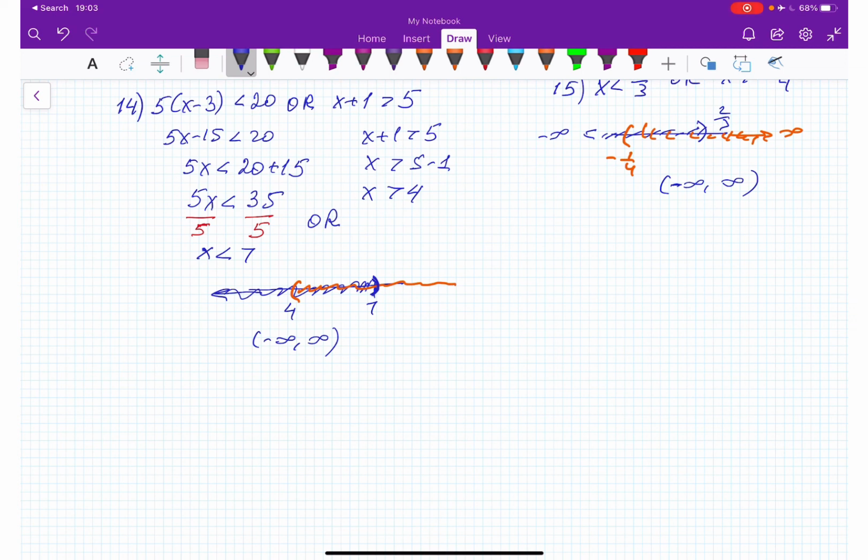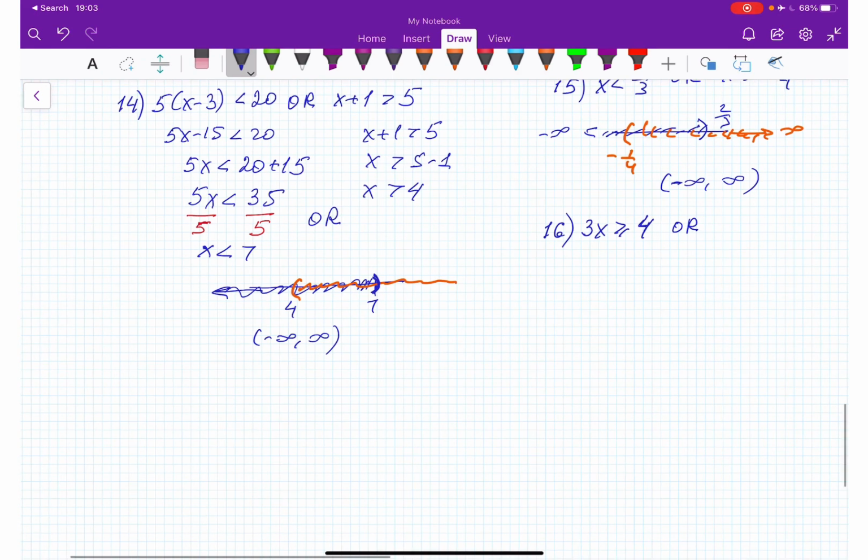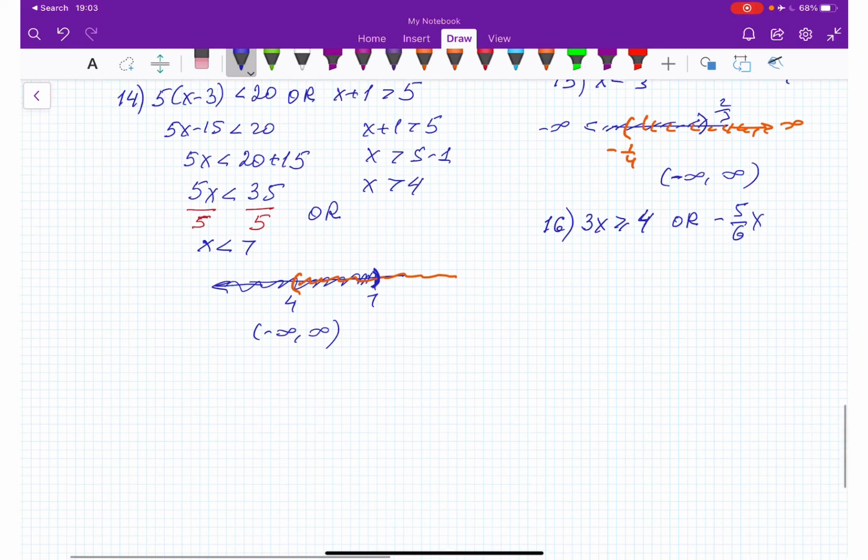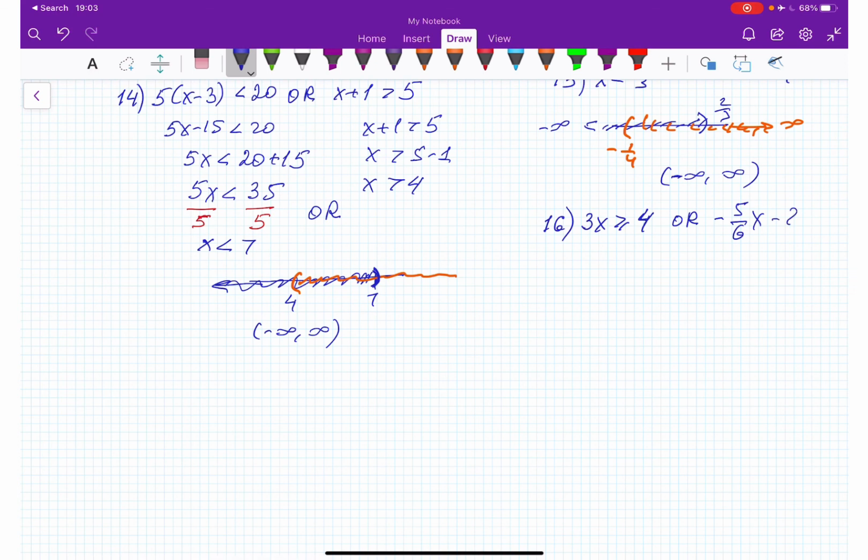Let's see what we have here. 3x is greater or equal 4, or negative 5 over 6 x minus 8 greater than 1.